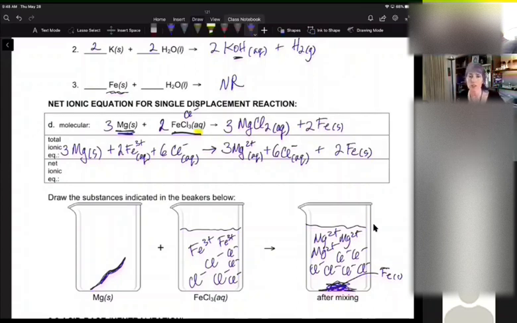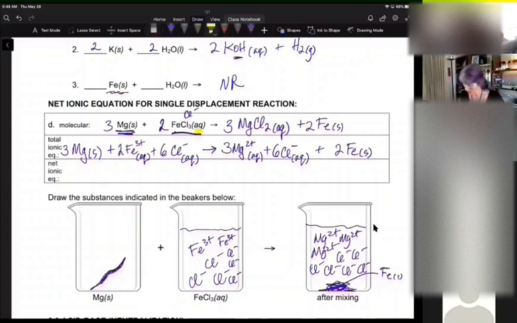Okay, so let's take a look at the spectator ions and see what cancels out. What about the magnesium? Take a look at the magnesium. Are those identical? The same things? No, those are different. Magnesium solid is different from 2+ in the aqueous solution. So those are not going to cancel out.